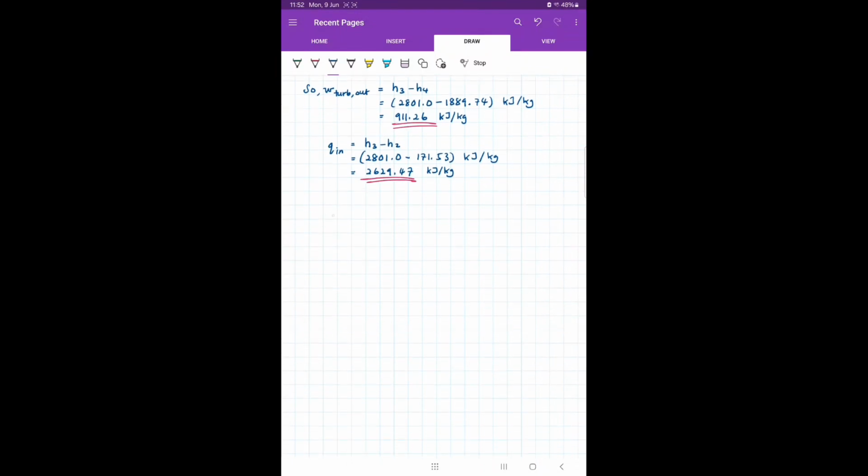And then we can proceed again to calculate Q out. Because remember, what we need is the thermal efficiency. So this is equals to H4 minus H1.